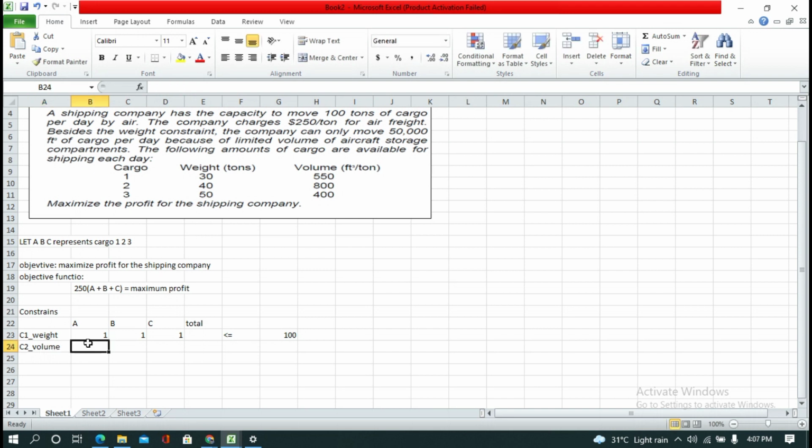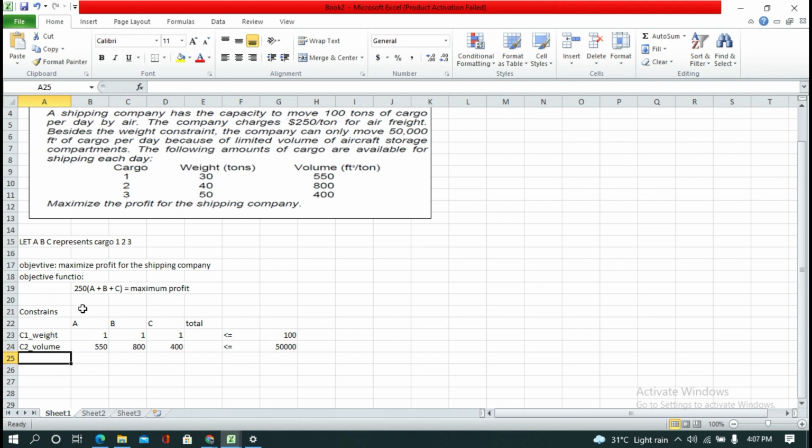For A, we have 500, 800 for cargo 2, and then for cargo 3 it is 400. And this must be less than or equal to 50,000.